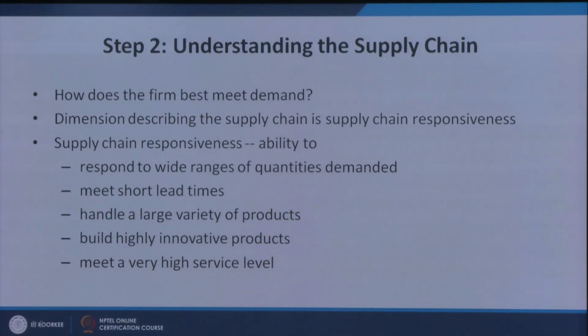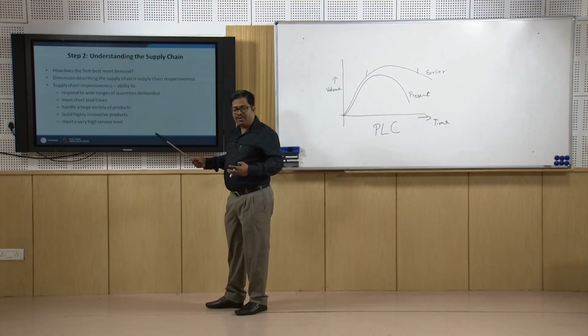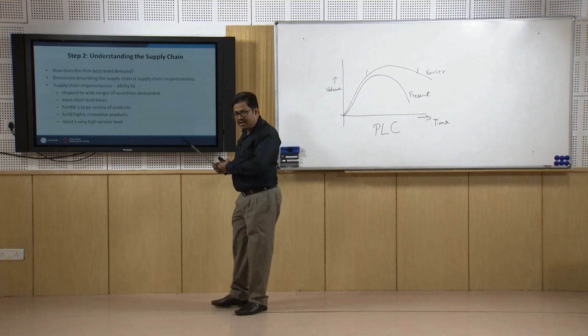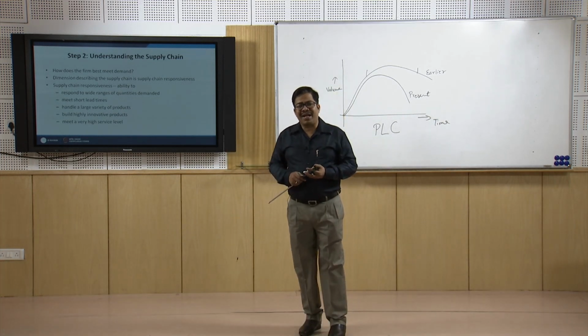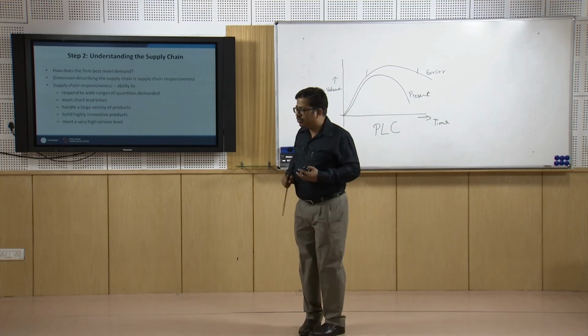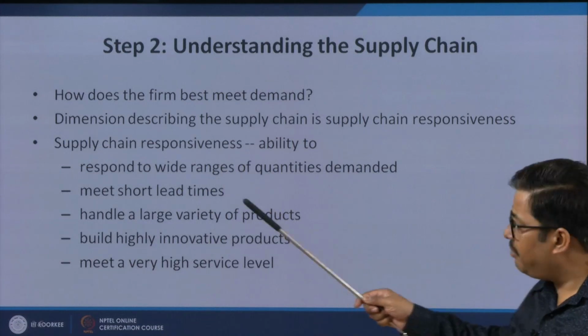So, now let us see how the firm best meets the demand, what are the different typical coping mechanisms available with the firm through which the firm is able to meet its demand. Like in the class of drivers, we discussed that pricing is one such mechanism through which a firm can meet the demand and supply.